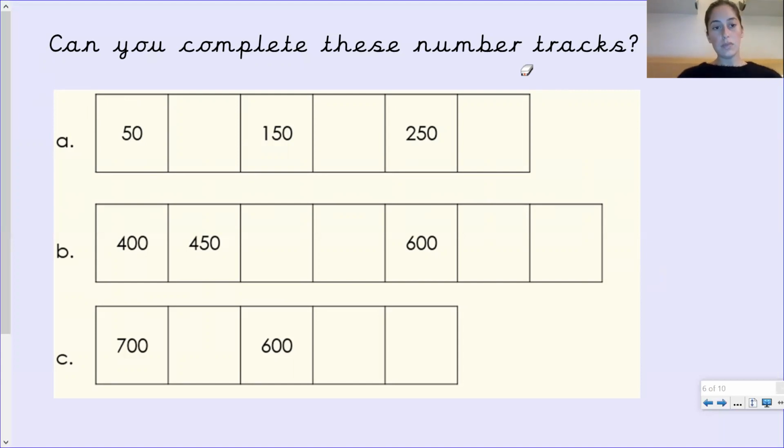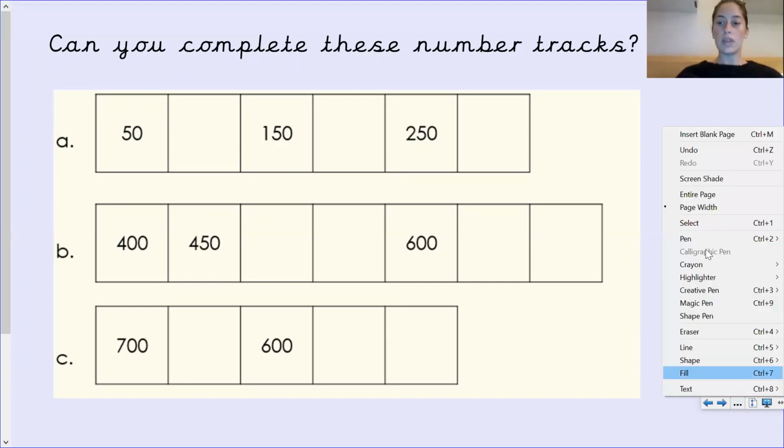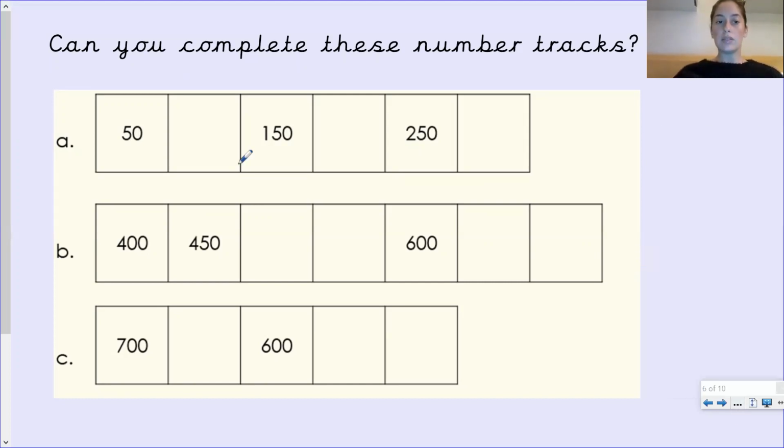Okay, so when completing number tracks, we need to look carefully at whether the numbers are going up or down. So if I look at the first number given is 50, and even though we've got a gap here, I can see that the next number is 150. So I know that my numbers in this number track are going up if I look at it from this direction.